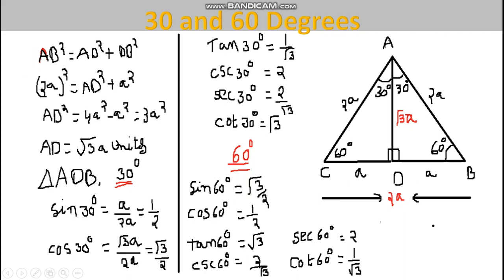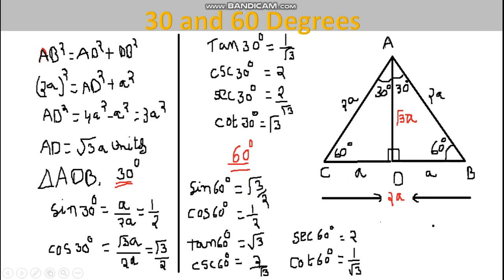Since these two triangles are congruent, their corresponding sides are equal and corresponding angles are also equal. So angle B is equal to angle C and angle BAD is equal to angle CAD, that is 30 degrees. And the total triangle now becomes an equilateral triangle.